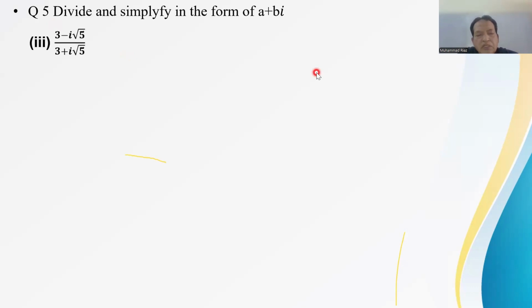Now look at question number 5 part 3: 3 minus iota under root 5 divided by 3 plus iota under root 5. This is the third part of question number 5.